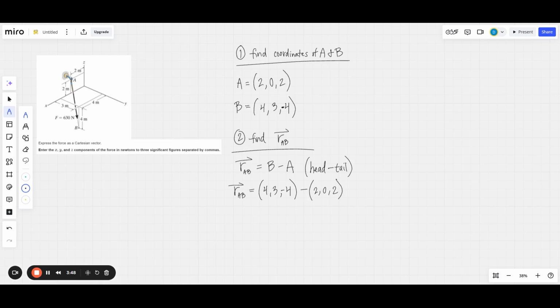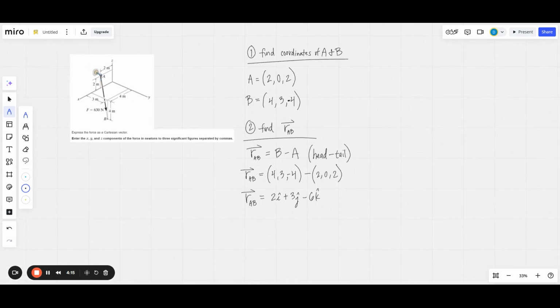And so I'm just going to subtract each component. So we'll have 4 minus 2, which is going to be 2i. 3 minus 0 would be positive 3j. -4 minus 2 is going to be negative 6k.